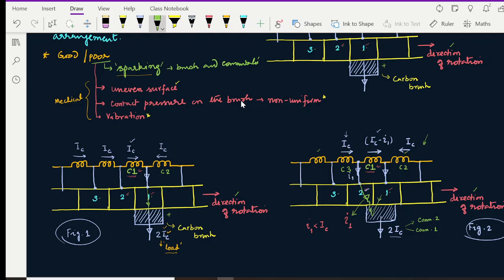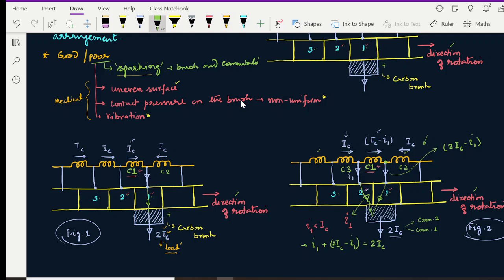Applying Kirchhoff's current law here, this branch will have 2 IC minus I1, which is the current contributed through commutator segment 1. So what is the total current through commutator segment 2? It is I1, and through commutator segment 1 it is 2 IC minus I1. So it happens to be 2 IC.